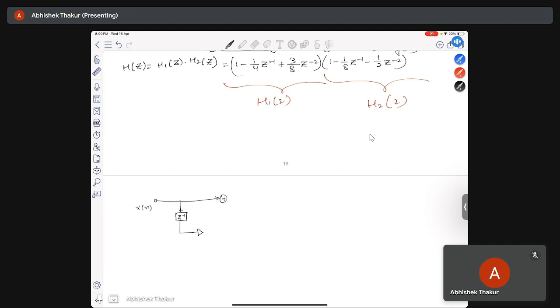The delay unit z^-1 will have coefficient -1/4, z^-2 in the first system is having +3/8.